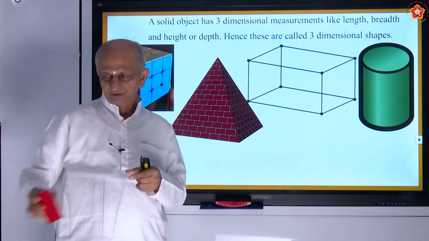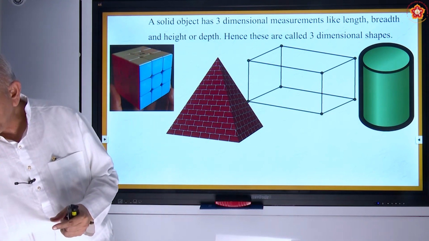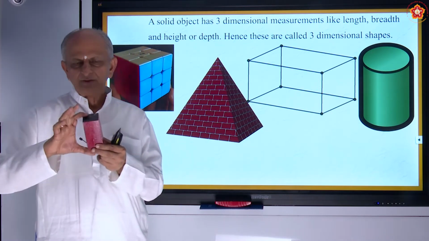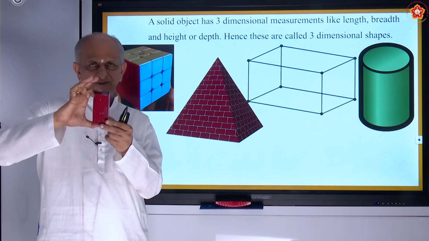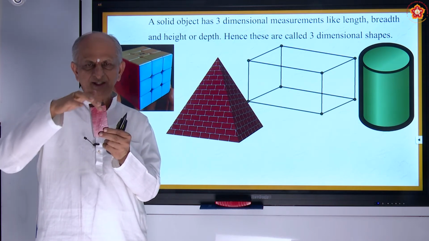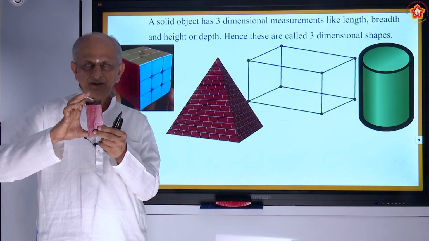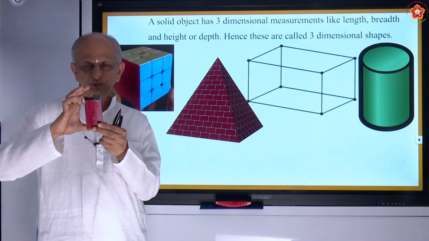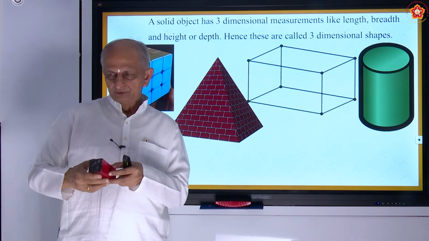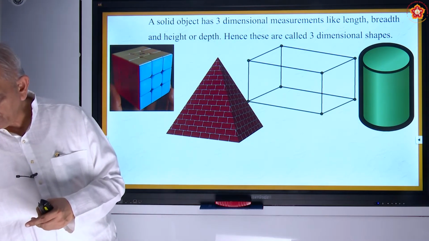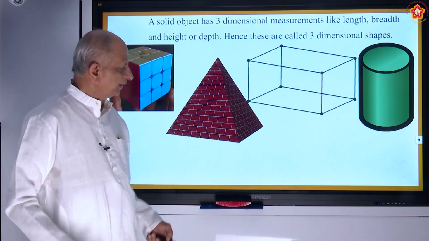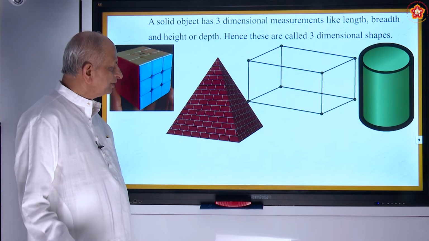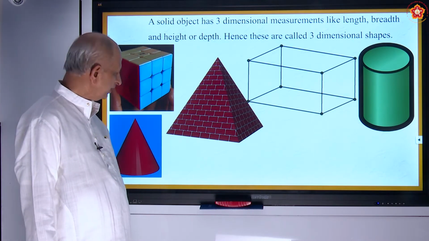A cuboid means it has 6 faces, 4 of which are rectangles and the other 2 are squares here. So that is a cuboid. These are some of the three-dimensional shapes.